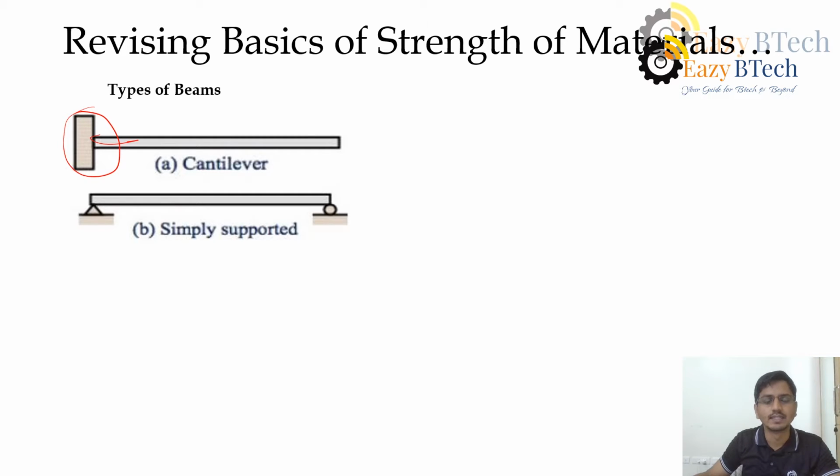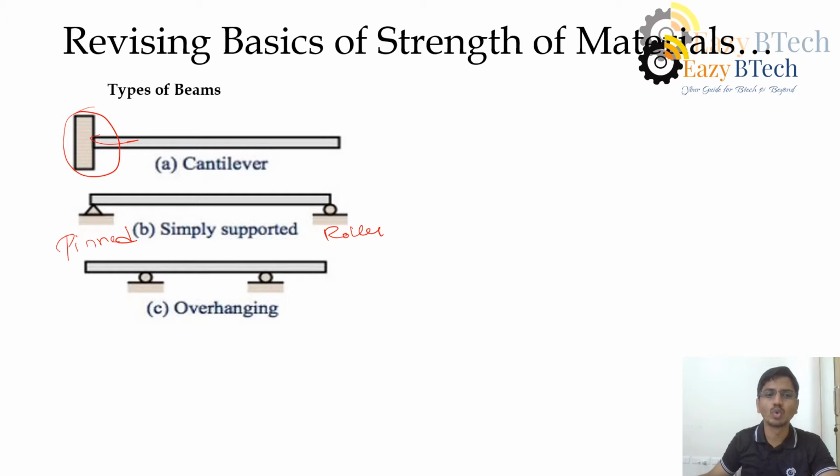Whereas the second type of beam is simply supported, where one end is hinged or pinned and another end is roller. Pinned has two reactions, roller has one reaction. It is not necessary that the pin should be on the left side and roller on the right side. It can be a mirror image of the same.